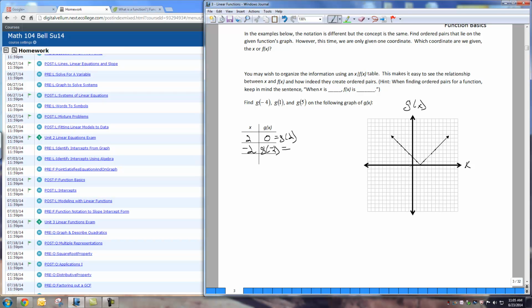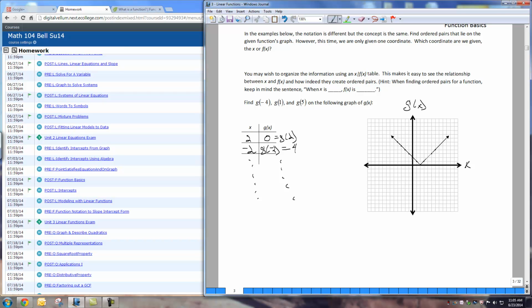Let's go over here where x is negative 2, then count up 1, 2, 3, 4. So when x is negative 2, g of x is positive 4, so g of negative 2 is equal to 4. If I could do this infinitely, there are an infinite amount of points that satisfy this equation.